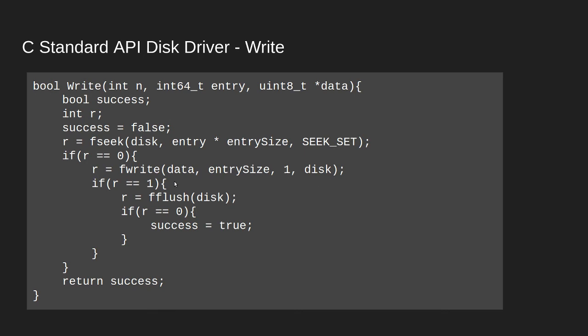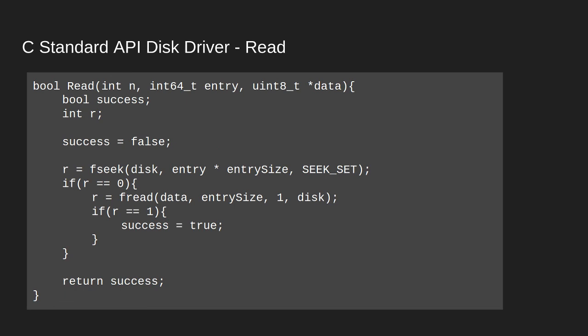Now, if this write succeeds, we need to call fflush in order to ensure that the data is actually written to the disk. The C API does not guarantee that the write is actually performed when fwrite returns, but if we call fflush, we are guaranteed basically that the write will be performed. Now, only if this call returns 0 can we set our success variable to true. If any of these fail, success is set to false, and the caller learns that there was something wrong using the write instruction.